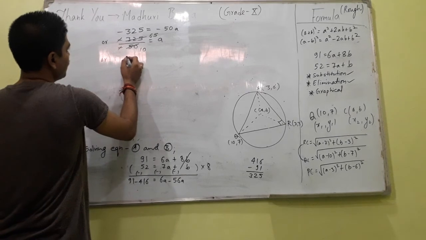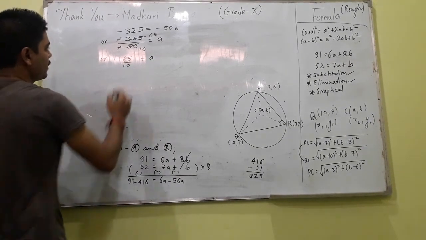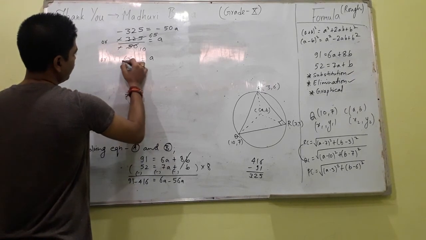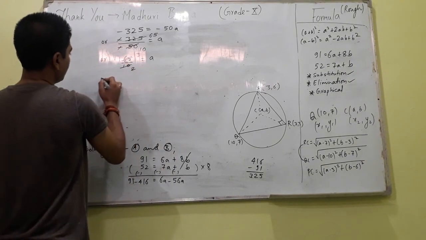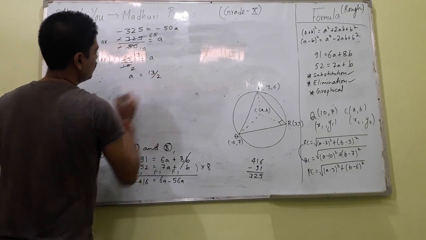Answer comes 65 by 10, that is A. Final answer is 13 by 2.